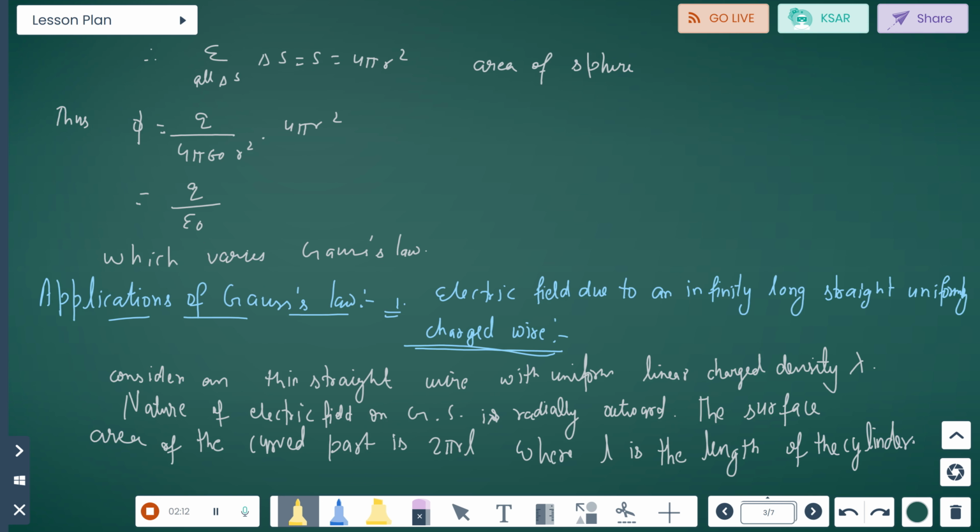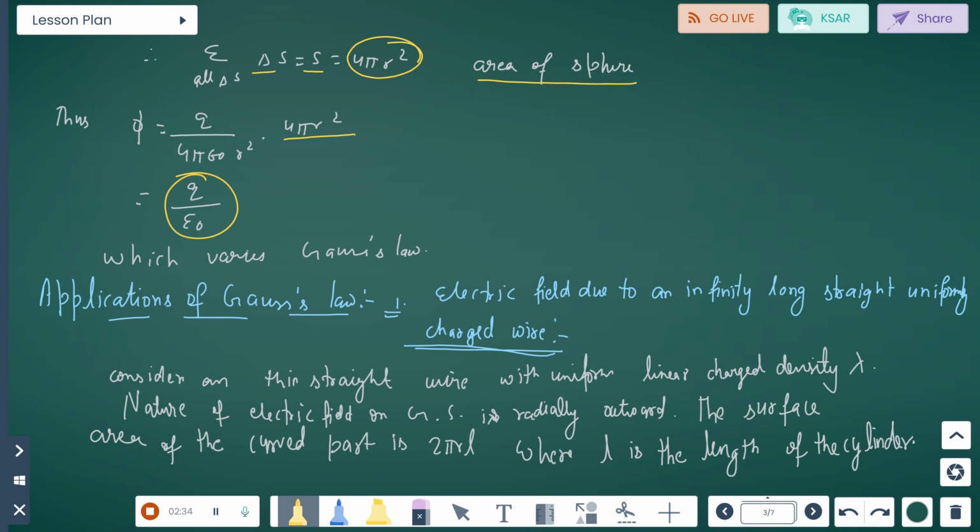Then total flux equals the summation over all delta s of q by 4 pi epsilon naught r square delta s. For the summation, delta s equals S, which is 4 pi r square, the area of the sphere. Then phi equals q by 4 pi epsilon naught r square into 4 pi r square. Then we get q by epsilon naught, which verifies the Gauss law.